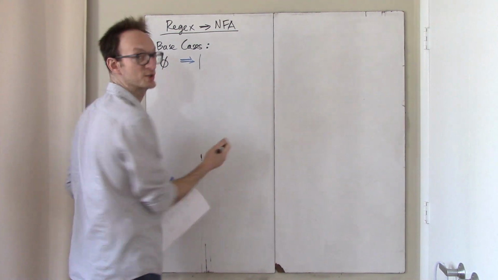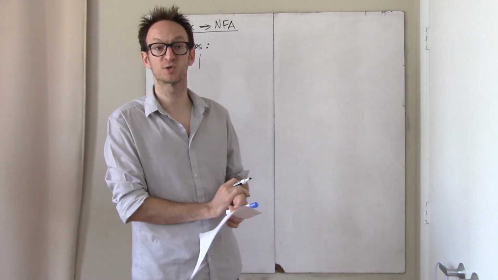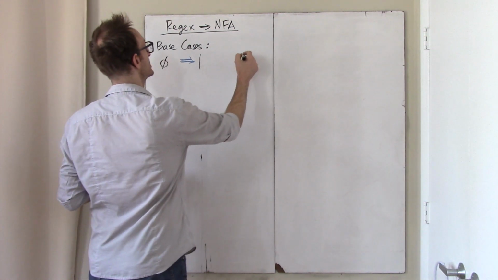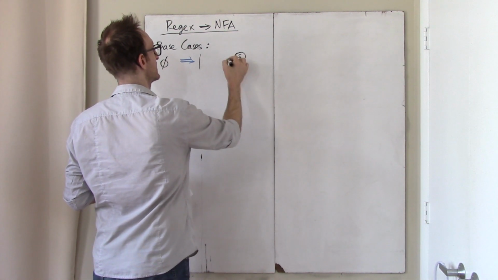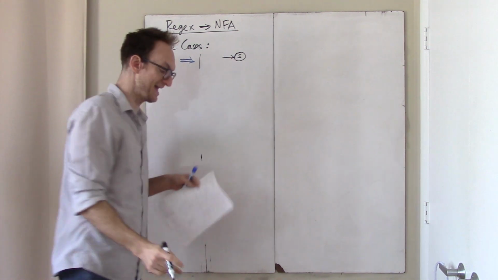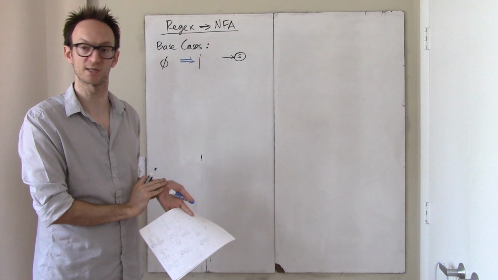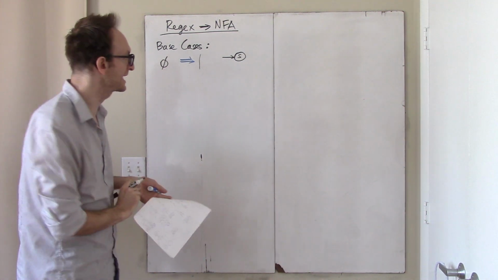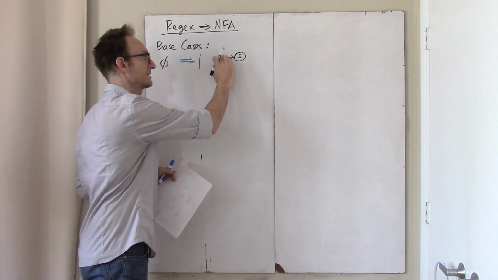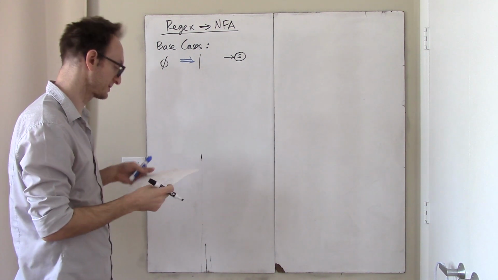And okay, what is a machine which accepts no strings? Well, it's just the machine with one state, it's the start state, and it is not an accept state, and there are no transitions. So when this machine tries to read any string, it just immediately dies. And this is an NFA, and I think this works.